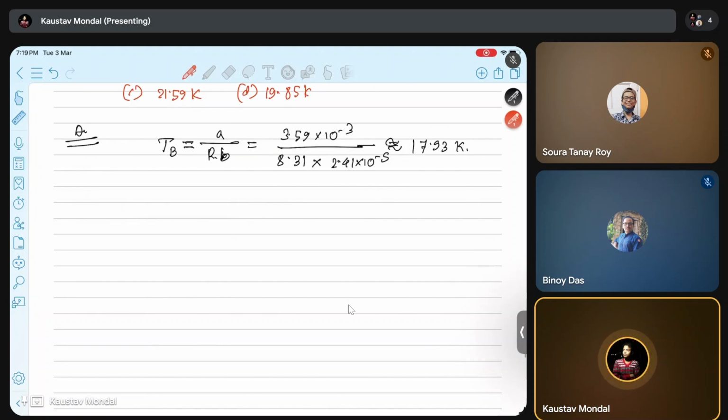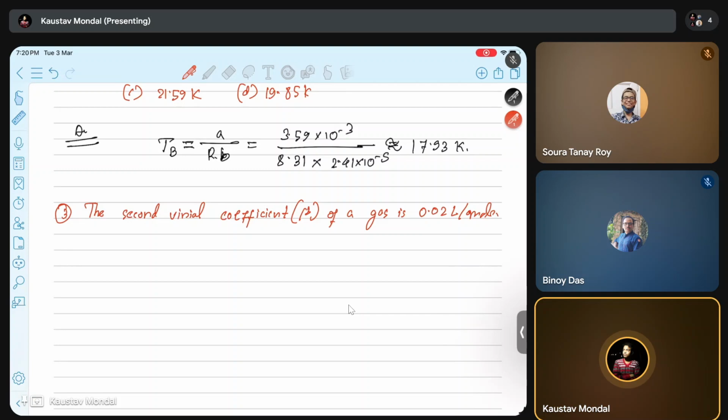Now question 3. The second virial coefficient beta of a gas is 0.02 liter per mole.